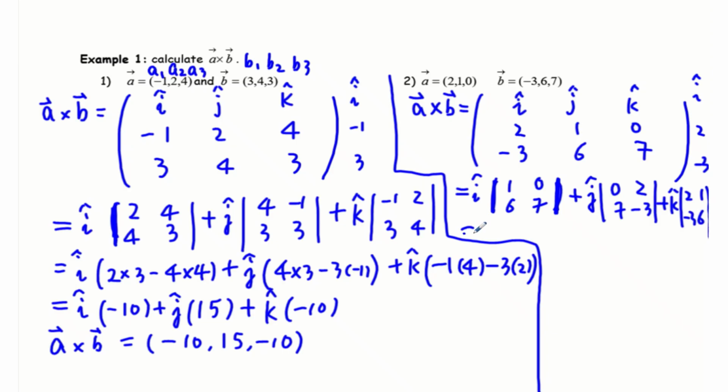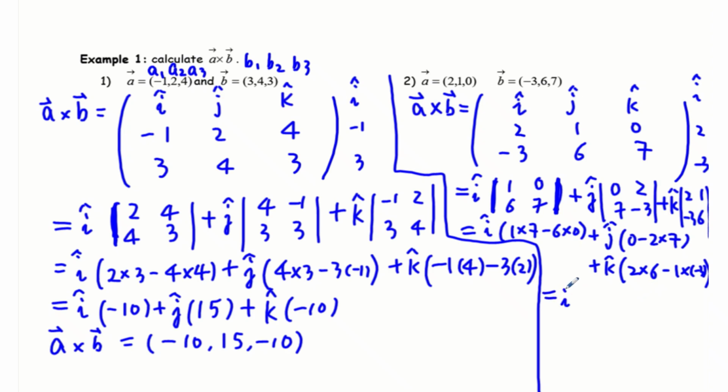Then do the calculation. I direction will be 1 times 7 minus 6 times 0. Then plus J direction, 0 times anything gives you 0, just minus 14, 2 times 7. So J direction is 0 minus 2 times 7, then plus K direction, 2 times 6 minus 1 times -3.